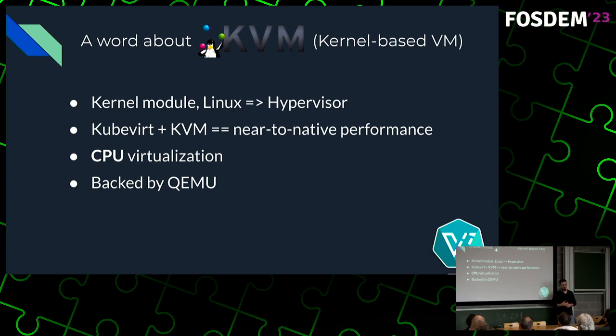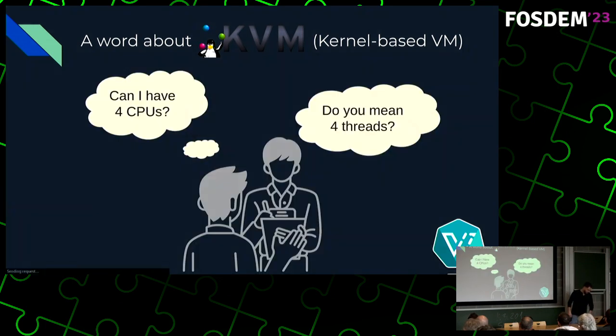Now, an interesting fact about KVM is that its main purpose is CPU virtualization, because this is the performance-critical part. It's also backed by QEMU, which does things like I/O and other things that are usually less related to performance. So how does KVM actually work?